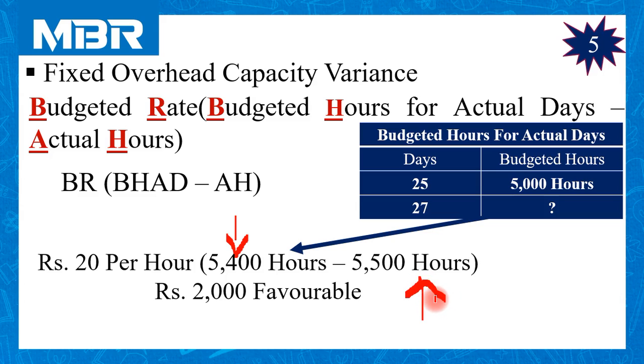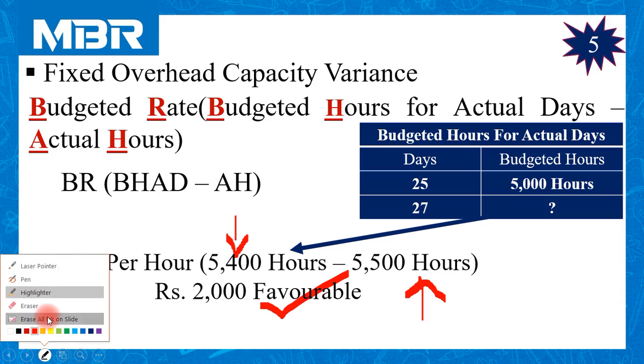It means your employees have worked beyond their capacity, or you can say more than their capacity. When your employees are working more than their capacity for you, the situation is favorable for you. That is why this variance is favorable.